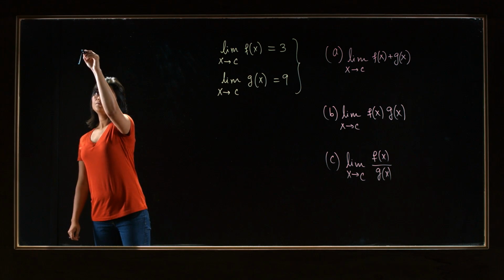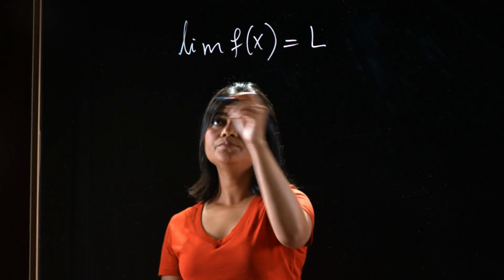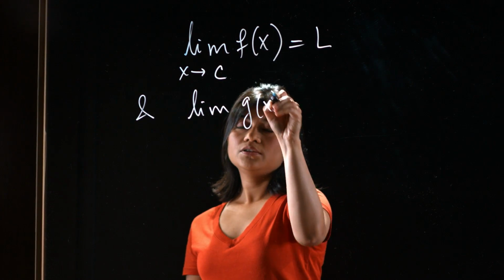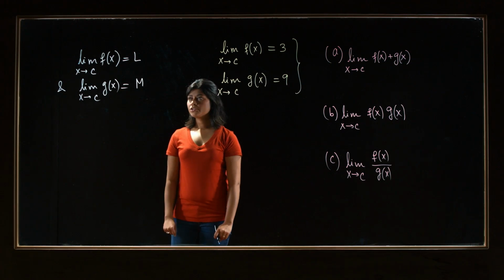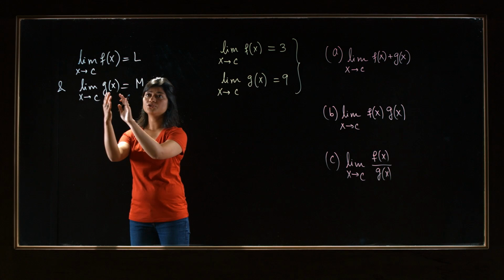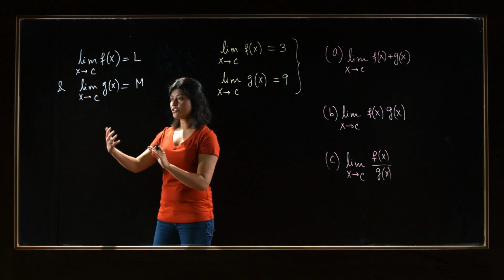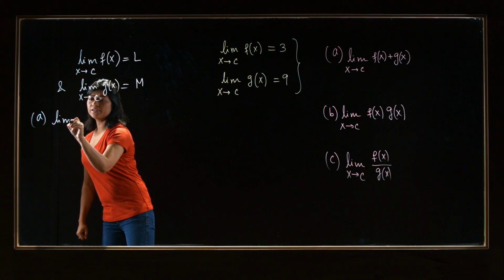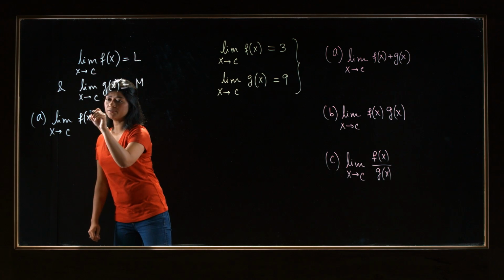So if the limit of a function f is L as x approaches c, and we also have the limit of another function g as x approaches c, which is m, then the basic properties of limits can be applied, and we can figure out the limit as x approaches c of the sum of the two functions f and g.